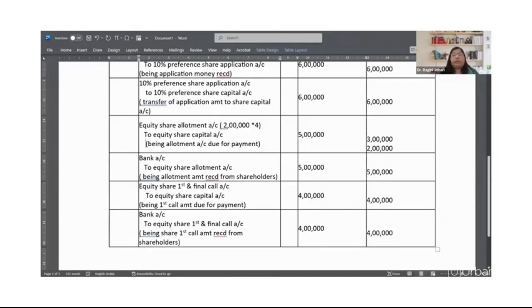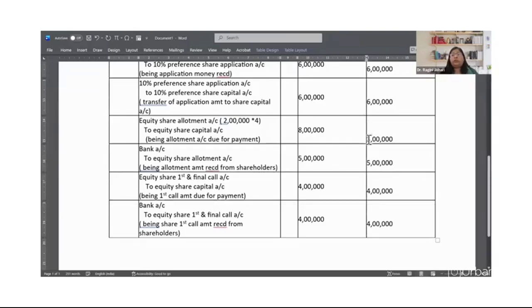Okay. And this makes it 8 lakhs here, right? And here also, no such amount has to be mentioned. And this also becomes 8 lakhs. Okay. Then comes the receipt of this amount, right?